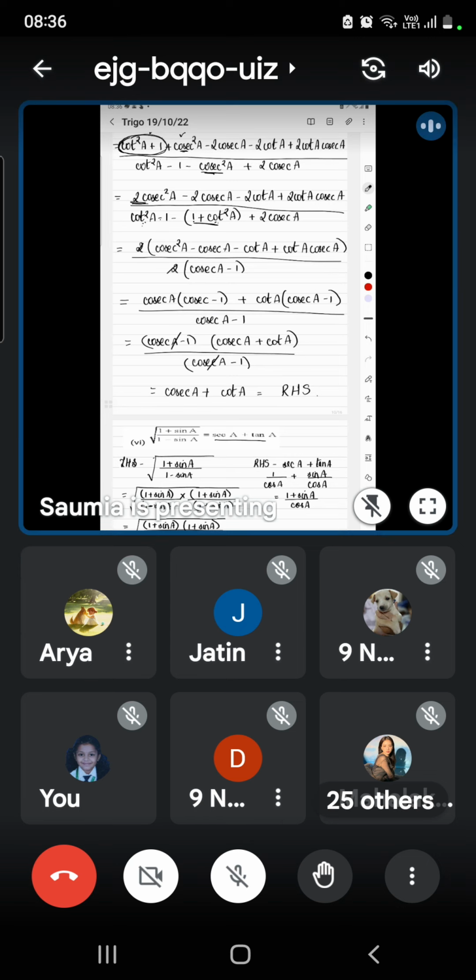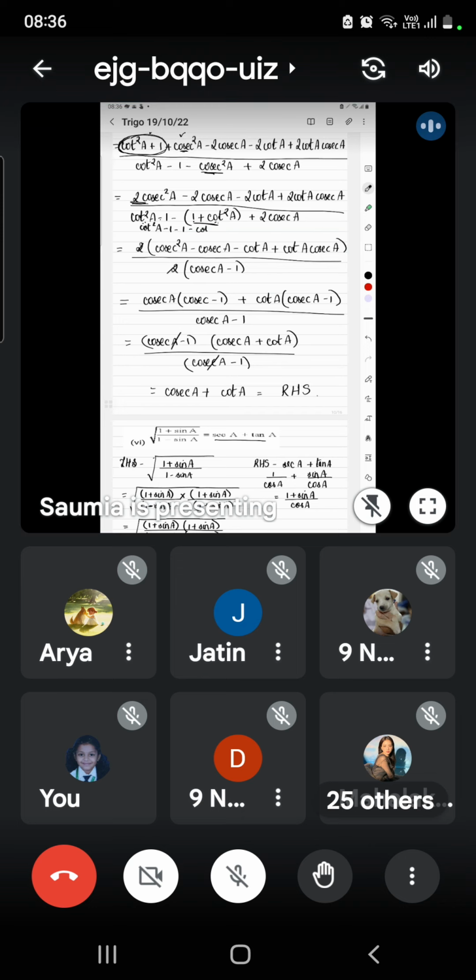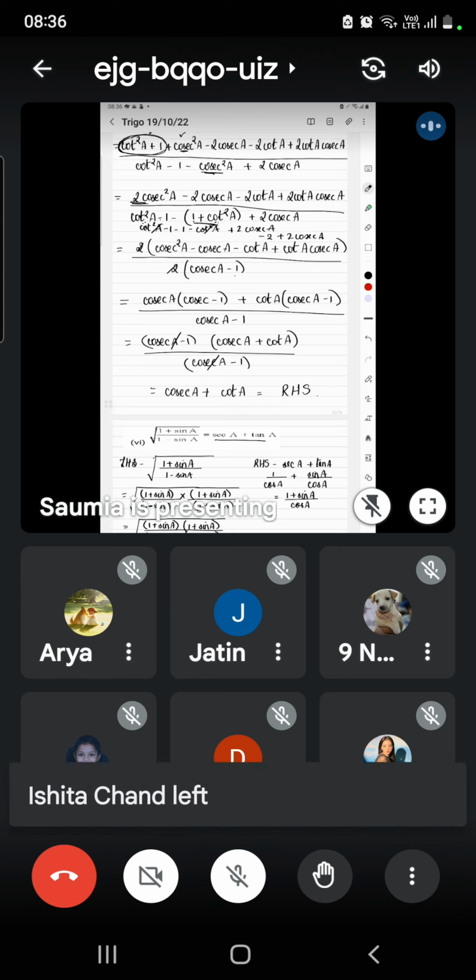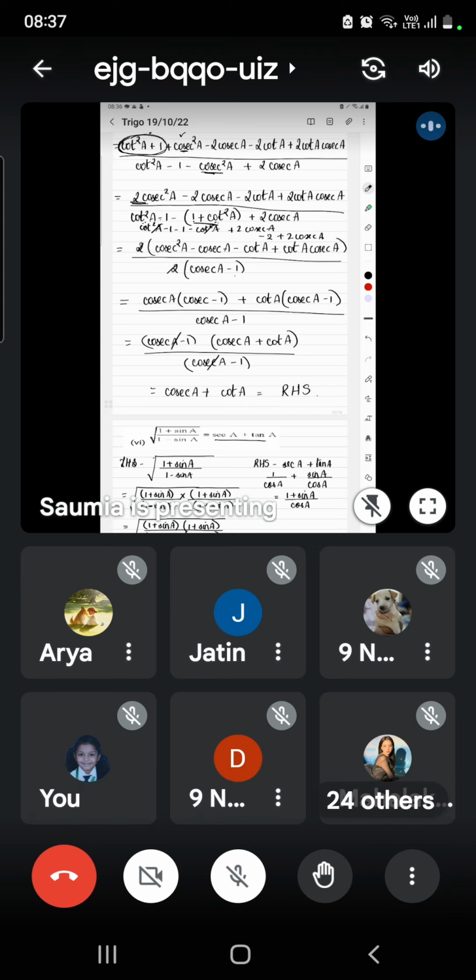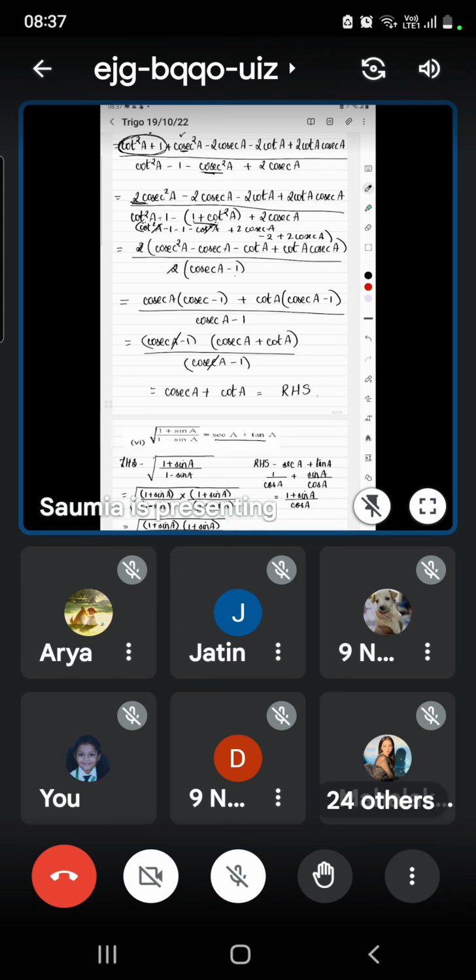See, open the bracket for this: cot square A minus 1 minus 1 minus cot square A plus 2 cosec A. Correct? So cot square A cancels. Minus 1 minus 1 becomes minus 2 plus 2 cosec A. So if I take 2 common, I will get cosec A minus 1. Clear? Yes, ma'am.